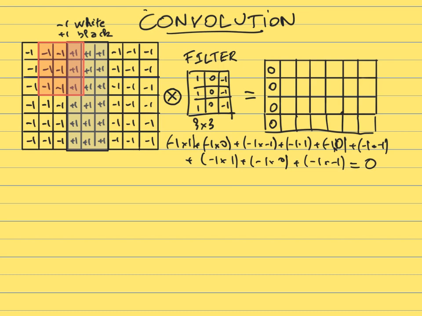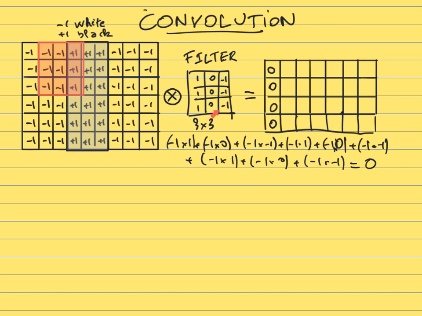So here, the result that we get when we do the convolution between the image and the filter: those minus 1, they are going to be multiplied by 1. So we are going to get minus 1 plus minus 1 plus minus 1, which is minus 3. Then we have those 3 pixels here that are going to be equal to 0.